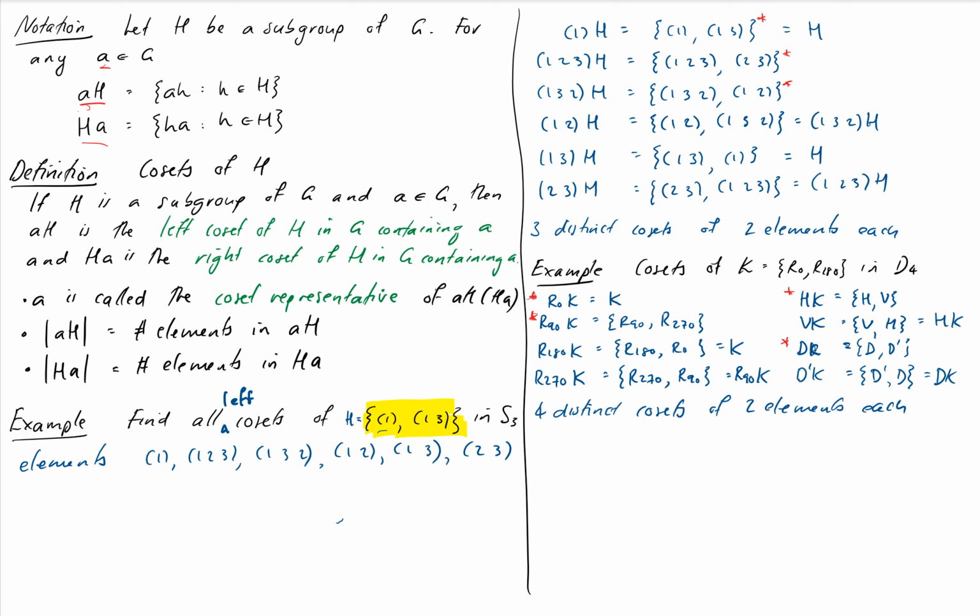So DK and HK do not overlap at all, neither do any of them. So one of the things that we're beginning to observe here is that cosets actually create a partition of our group. They divide it up into distinct pieces, and that's a really useful thing to be able to do because it enables us to say something about the sizes of subgroups and things inside the group.